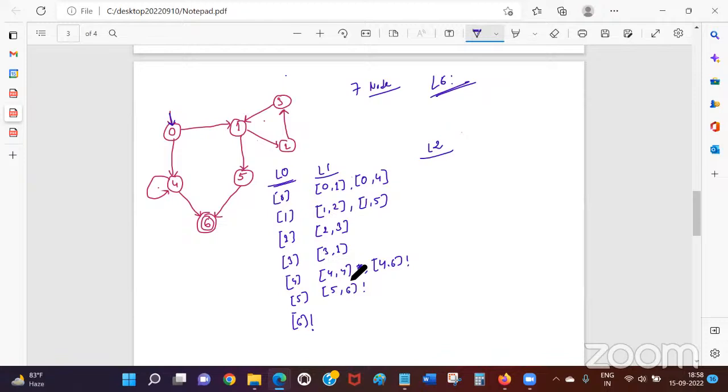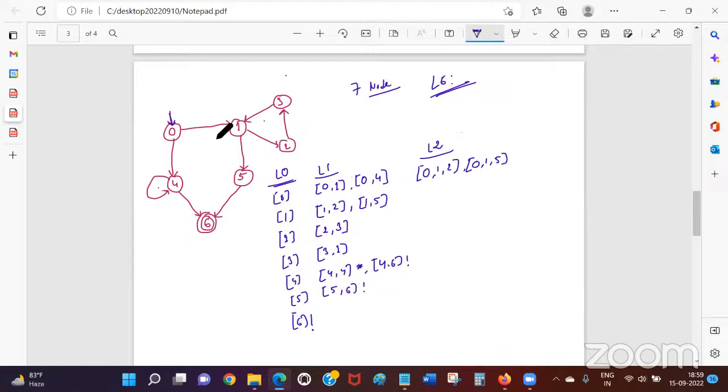Okay, so let us go for checking all other paths. So 0, 1, what could be my extension? For 0, 1, I can have 0, 1, 2, and I can have 0, 1, 5.